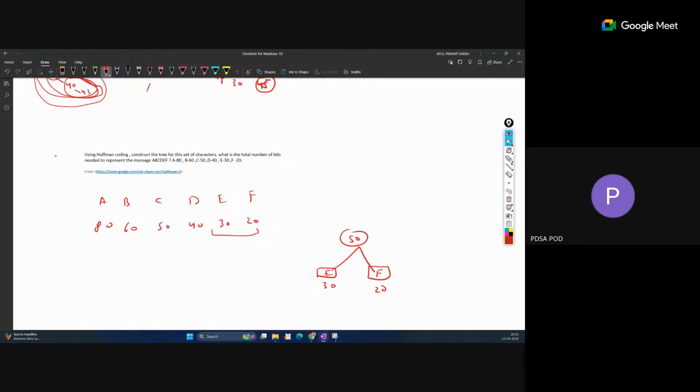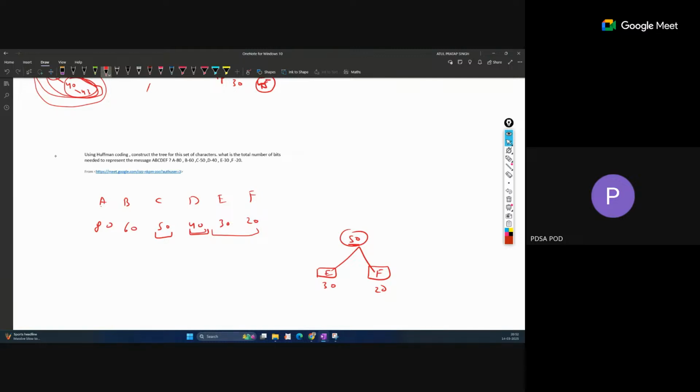Now the next step, which one will we select? Either we can select 40 and this 50, or we can select this 40 with this one. Because of that, two answers are possible for this.